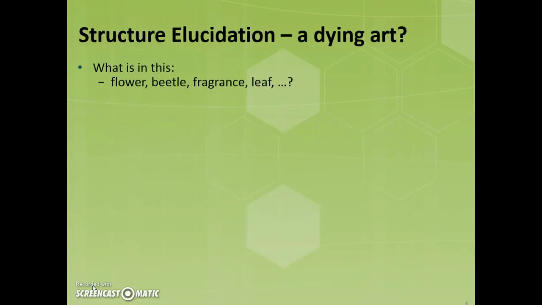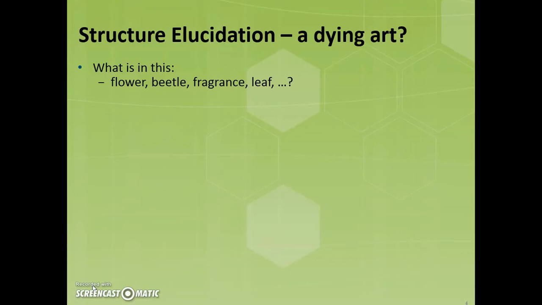Okay, so let's talk for a few seconds about structure elucidation. It's a very different problem today than it was 25 years ago. The basic problem is figuring out what compounds are contained in a given sample. A flower, a beetle, a fragrance, a leaf.